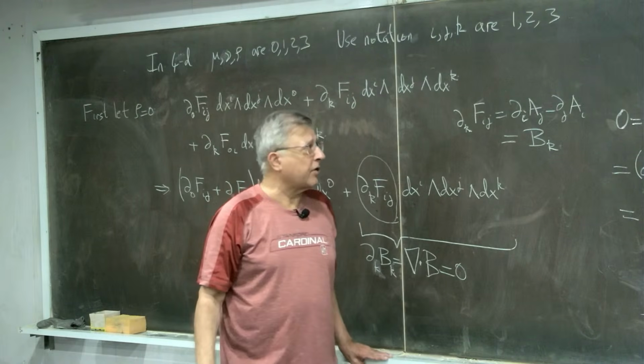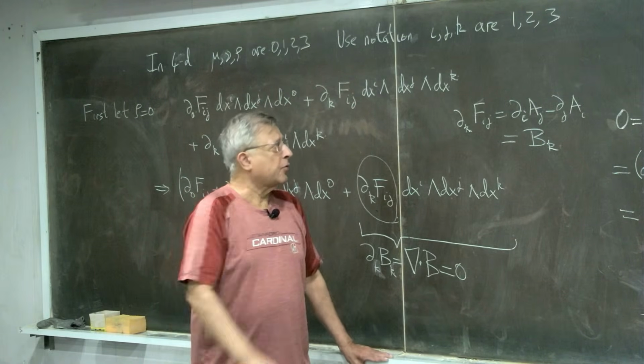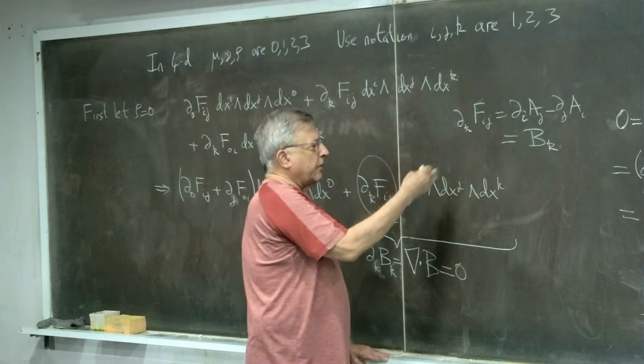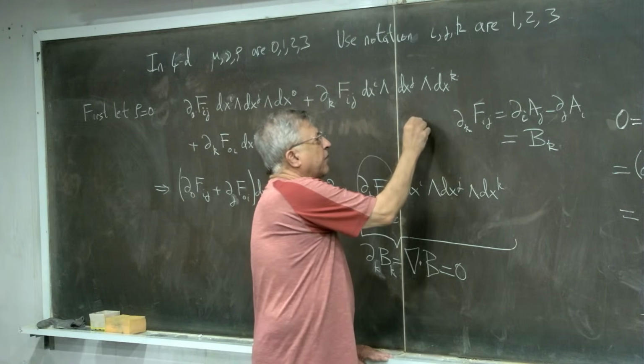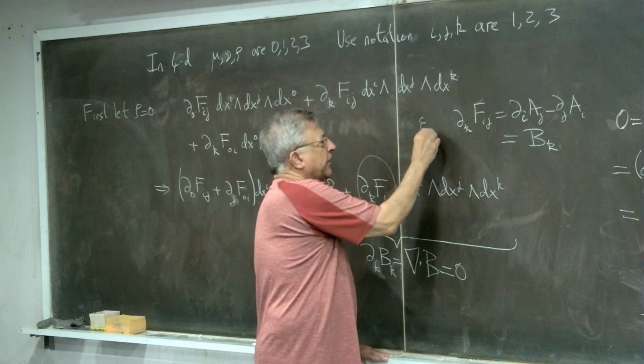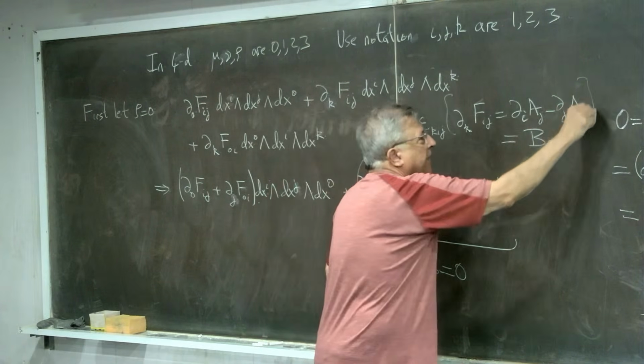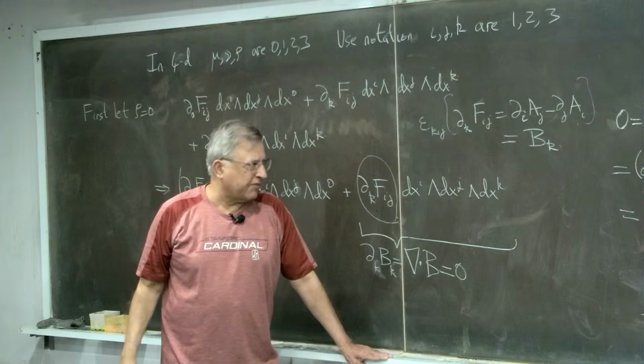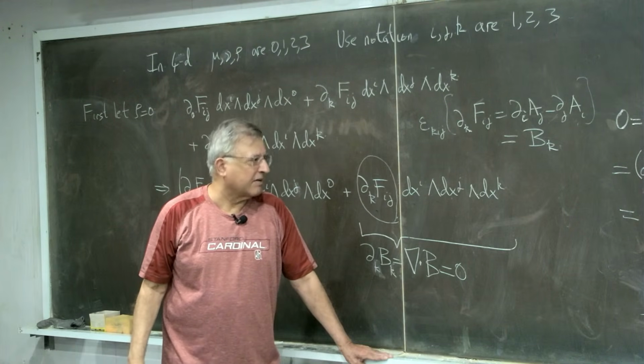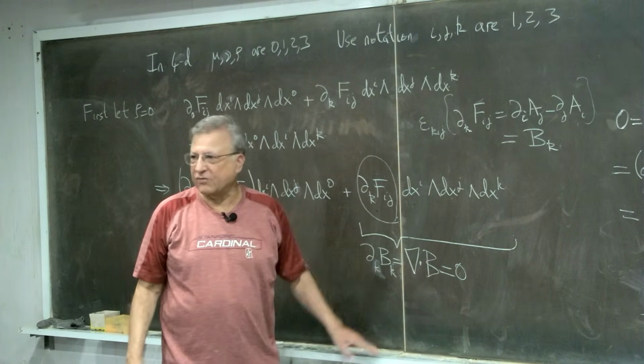But i and j are not equal to each other. So in fact, this over here performs the task of, and so therefore this becomes Bk, it becomes divergence of B equals 0.